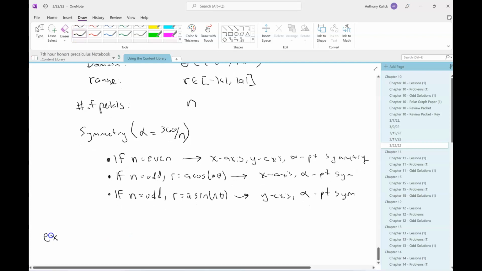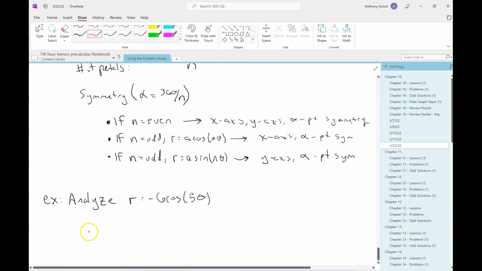So what we might ask you to do with something like this is say, analyze, and then give you some function. So first thing you should notice is that this is a rose curve, right? It's a cosine n theta, where the a is -6 and the n is 5.